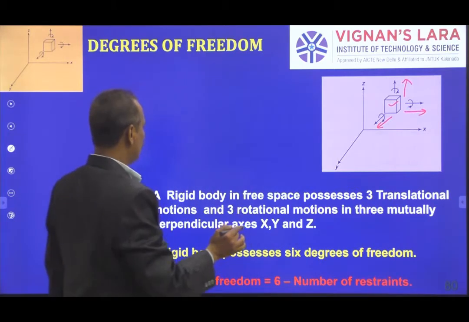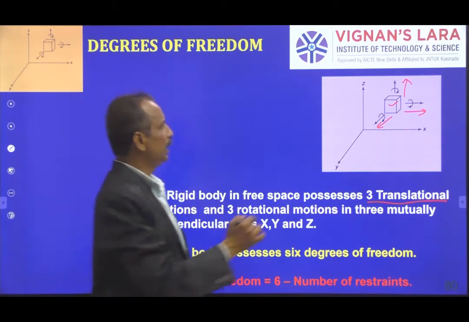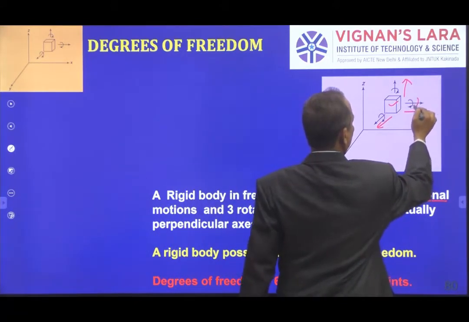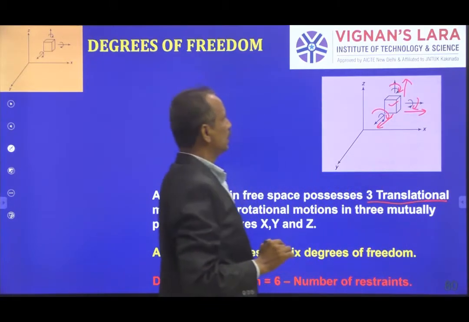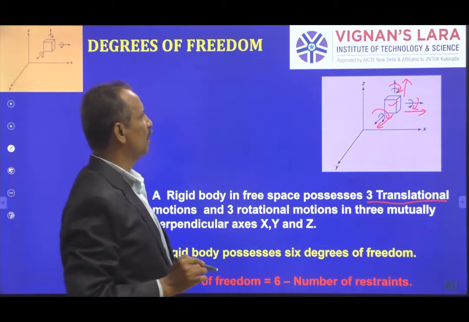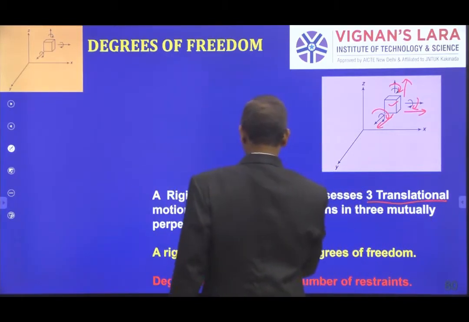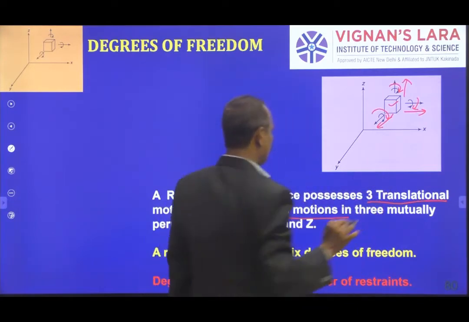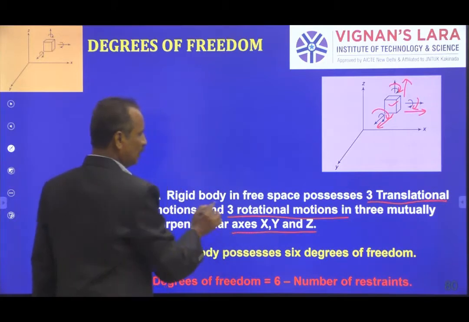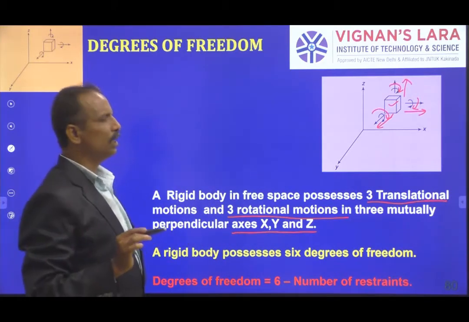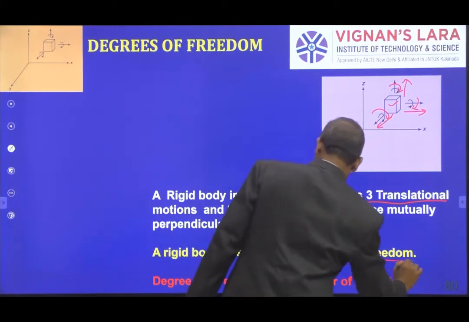It possesses 3 translational motions, and at the same time it can spin in 3 planes, that is the zx plane, xy plane and yz plane. These are 3 rotational motions about axes which are mutually perpendicular, x, y, z. So totally, a body can possess 6 degrees of freedom in space. That is what you can see.